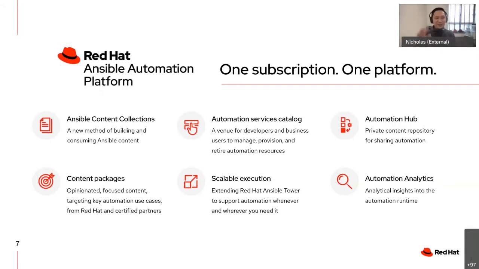So you don't need to fret about what you need to use, right? An important thing to take note of here is it includes all the SaaS features, right? There are also a lot of other features that allow you to link up your Ansible automation platform to the Red Hat SaaS.